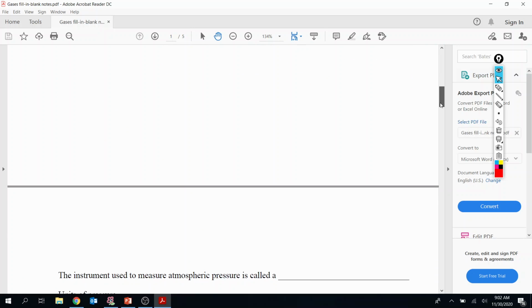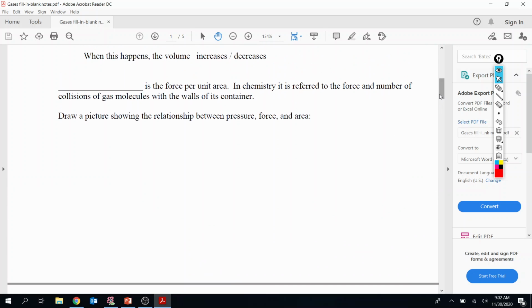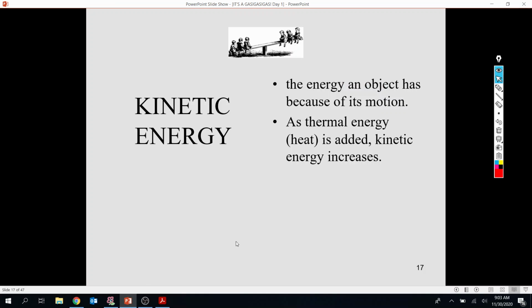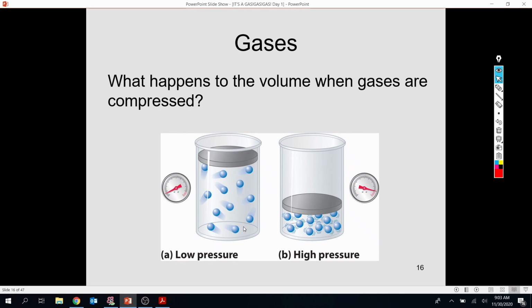Well, I think that the previous picture here would be excellent. And you can just draw that real quickly and draw that at low pressure and high pressure. And just make a note out to the side that these are going to have less frequent collisions and these are going to have more frequent collisions.